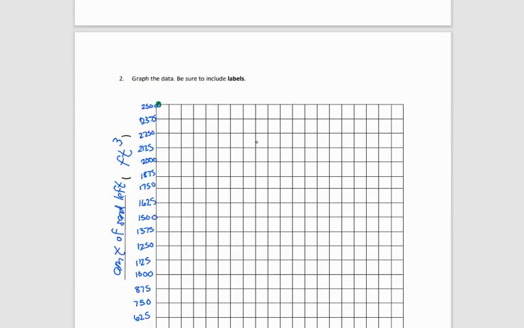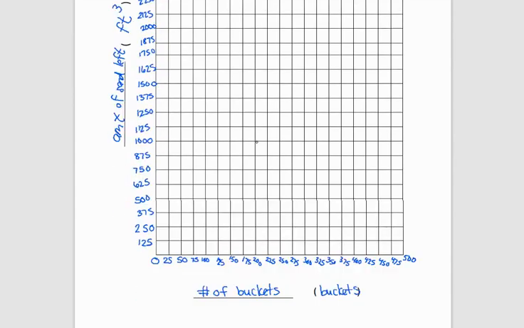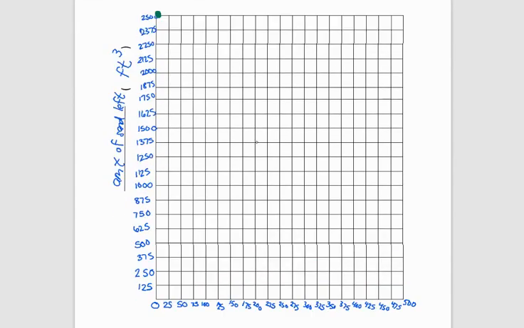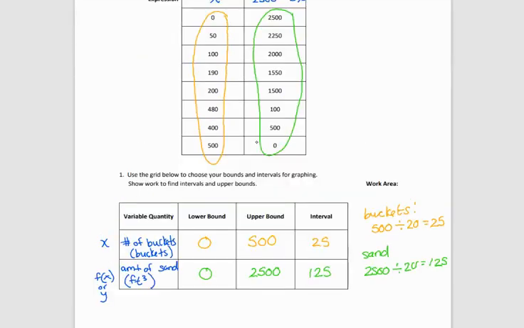So this is kind of what's different, is we usually plotted stuff sort of low and then it was increasing. But remember what's happening to that pile of sand? It's decreasing. So we start really high at 0, 2,500, and now we're going to start to decrease. Okay, so everybody go ahead and plot those points, and I'll do it as we go.